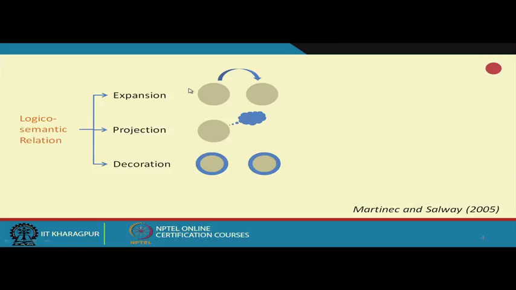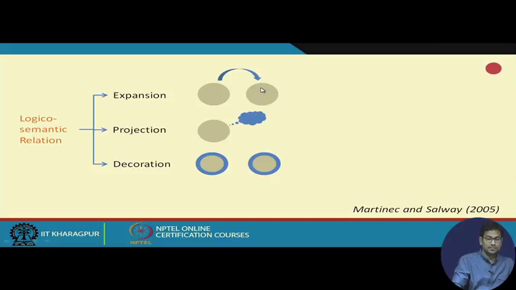And the third one is decoration, where perhaps there is no semantic connection between each other. It is, as you say, building up individually. So, diagrammatically if you look over here, it is the expansion that takes place and this is the projection which happens, and decoration is an expansion inward or expansion within, but there is no apparent connection between them.